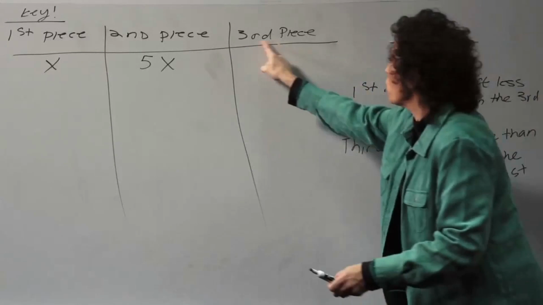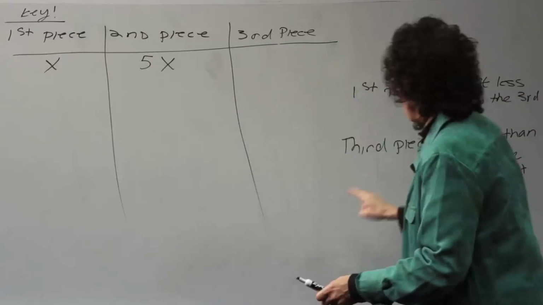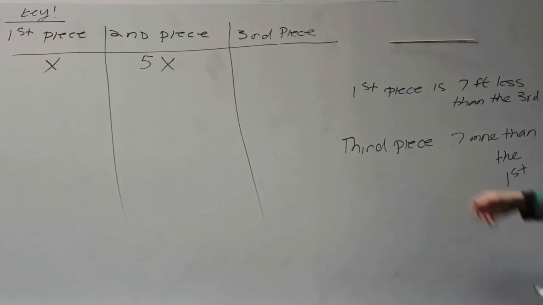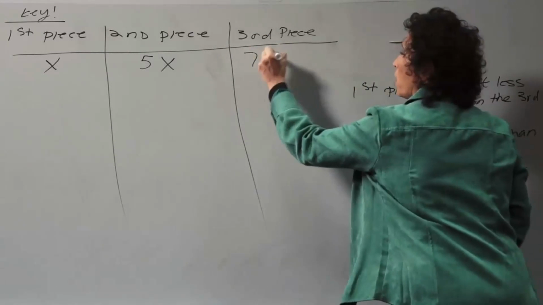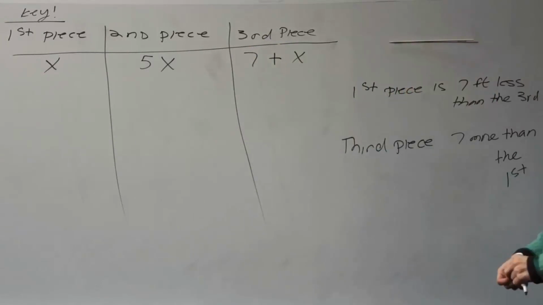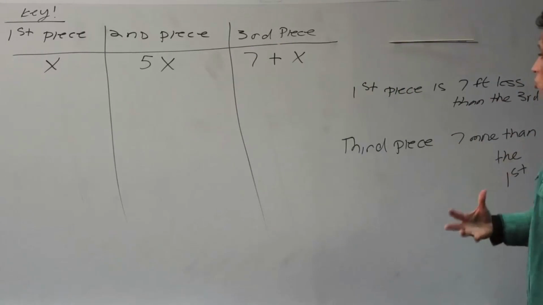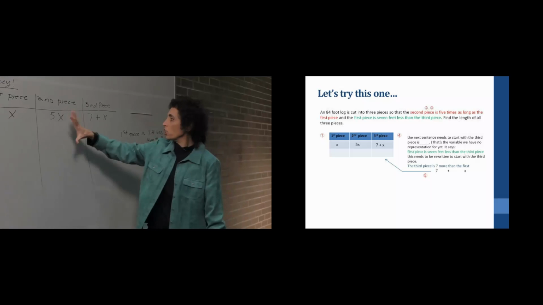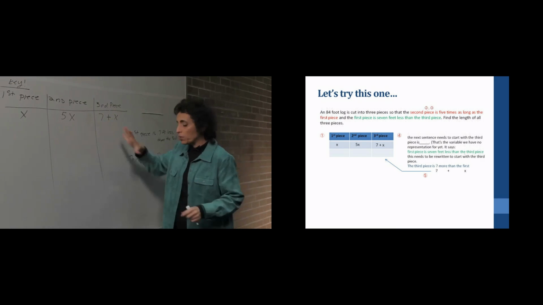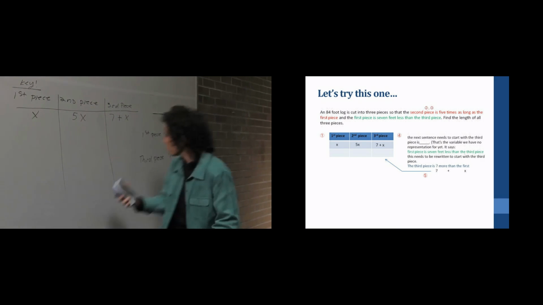Why did I do that? Because the third piece is what I have a blank for. I need to write in something about the third piece. It's 7 more than the first. Not the only way to do this problem, just my option. I'm taking this option. Okay, so that's the key. If you don't understand how we did that, ask the instructor in the room.